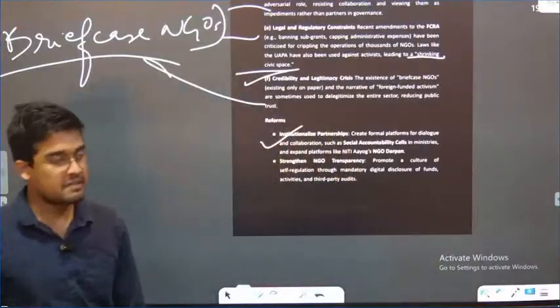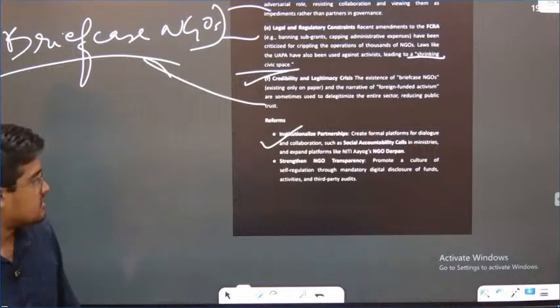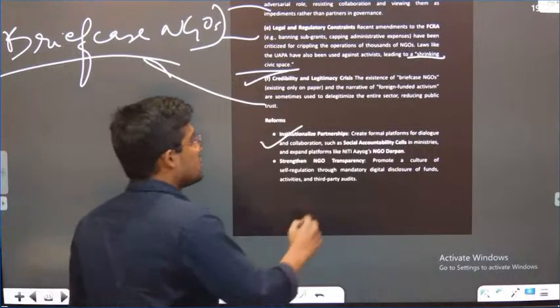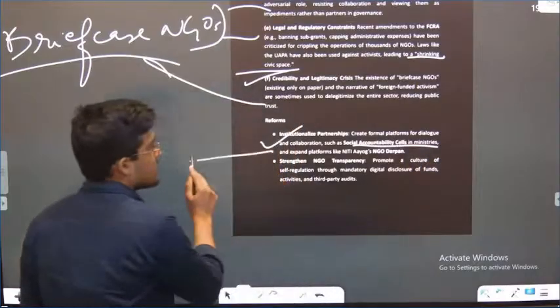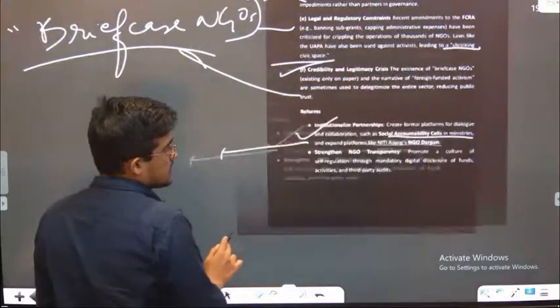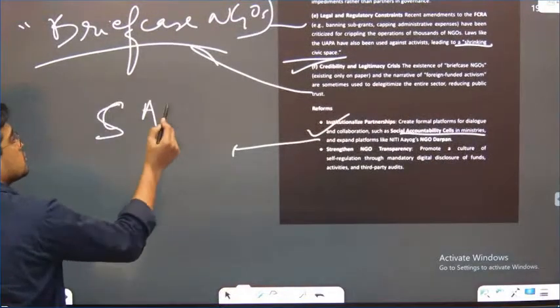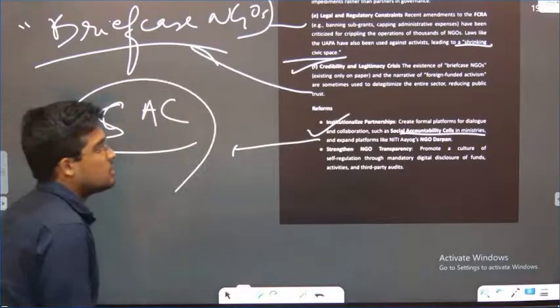Institutionalization of partnership is needed. So, creating formal platforms for dialogue, collaboration, etc., such as social accountability cells in ministries. These social accountability cells, they'll do what?